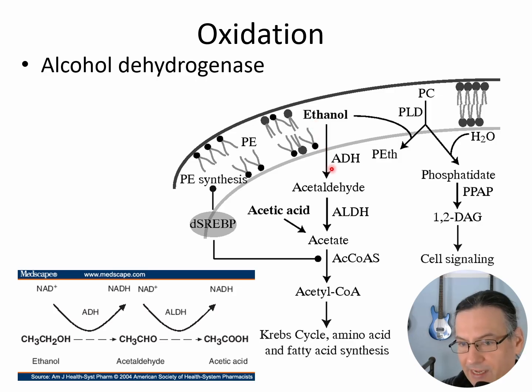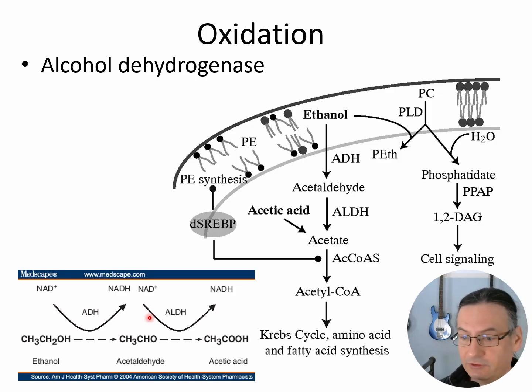The first thing, that ADH, alcohol dehydrogenase, is going to convert the ethanol into acetaldehyde. So we're going from ethanol, and we effectively take NAD, use alcohol dehydrogenase, and transfer the electrons and the associated protons over onto NADH to generate NADH plus H plus.